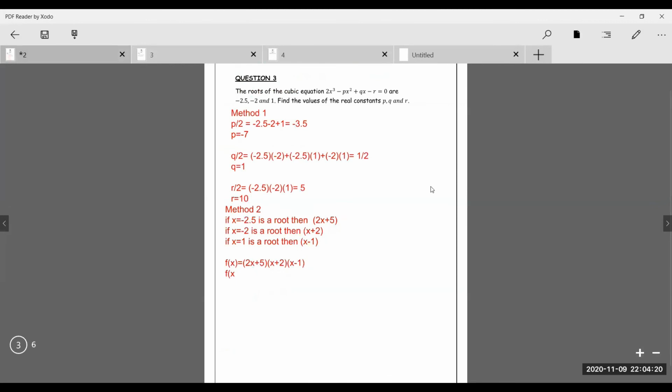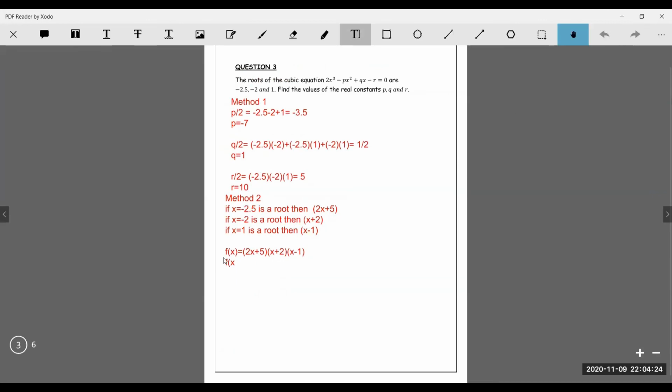I don't know what just happened right there, but let's get back to here. What we were getting was that f of x was equal to 2x cubed plus 7x squared plus x minus 10. Now, we're going to compare this to the original function.